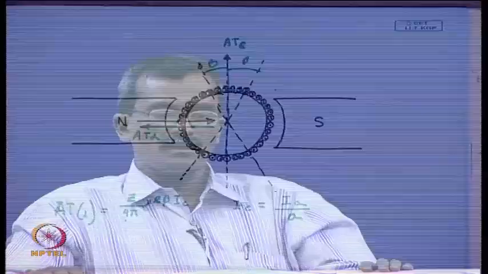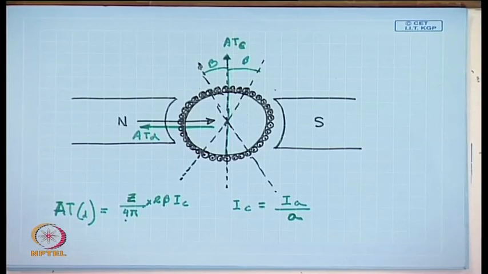Now, if the machine is operating in the unsaturated region of the magnetic circuit, then the net flux per pole will not change and hence there will be no change in the induced EMF.